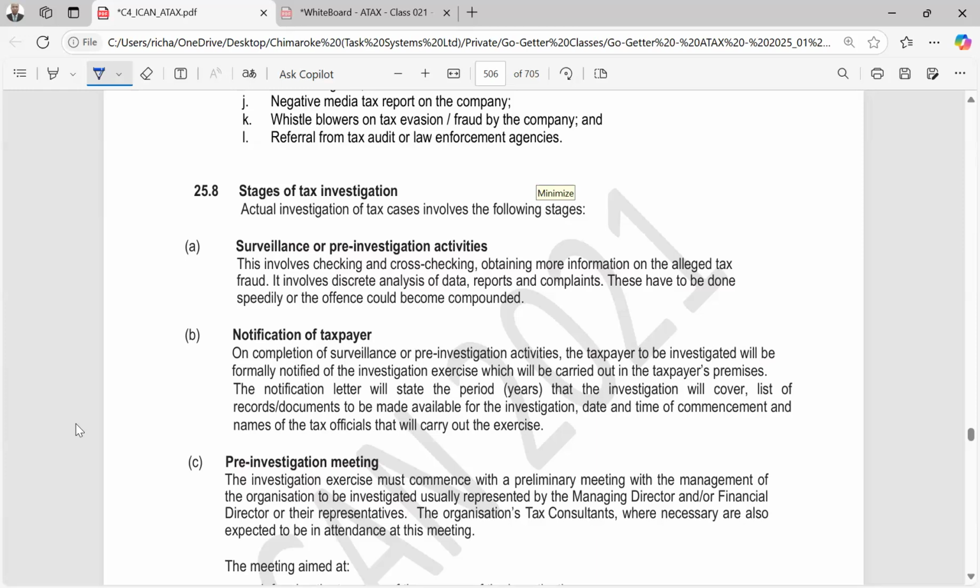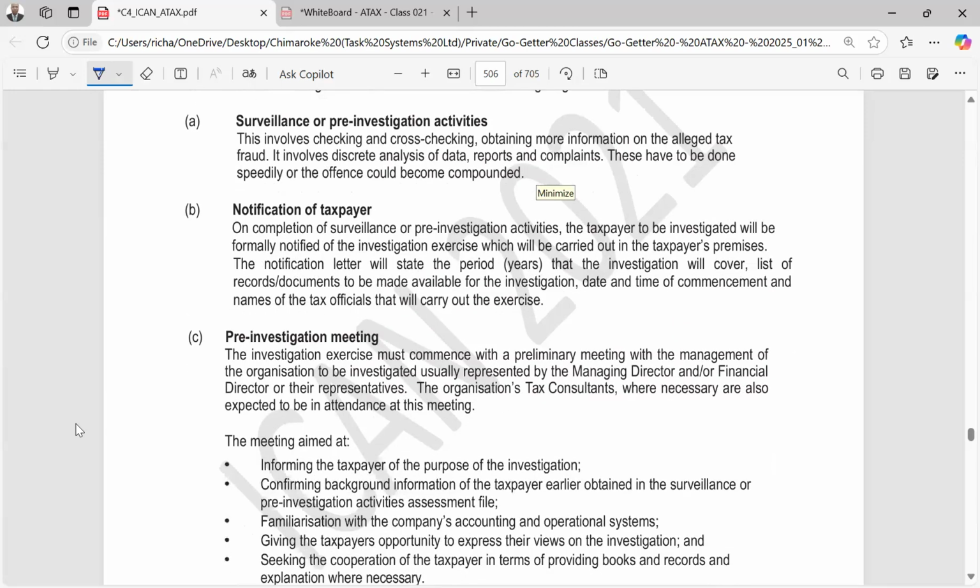Then there's a pre-investigative meeting, which is similar to the pre-audit meeting, where they will sit down and ask the managing director or his representative about the tax situation, about the company in general.